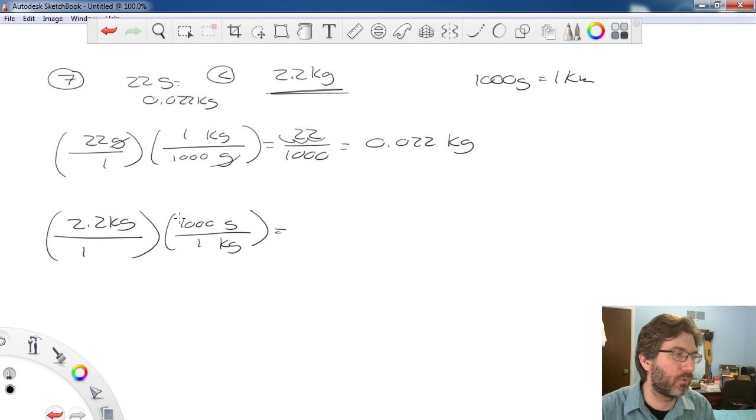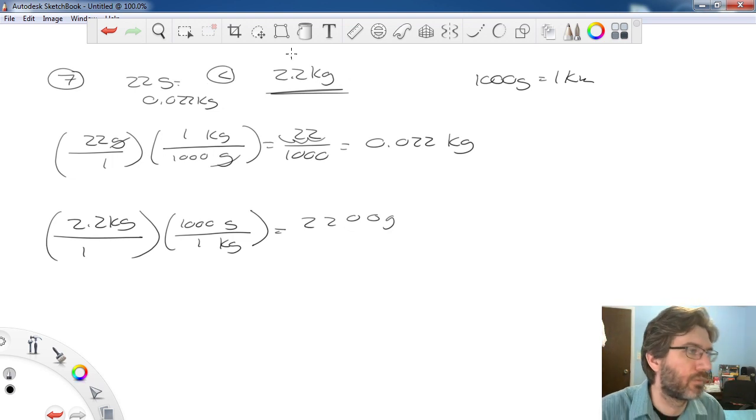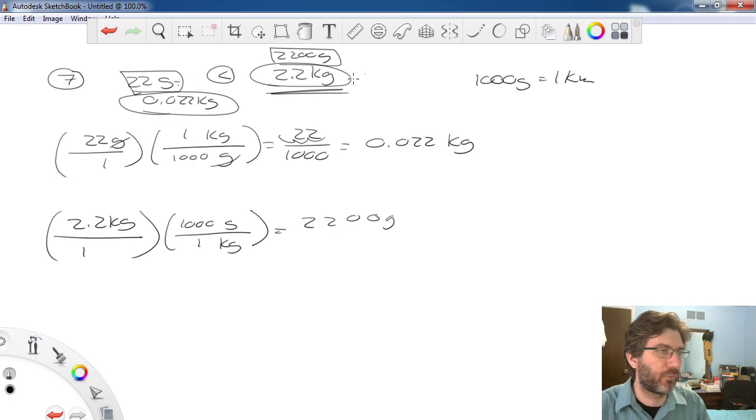This is going to equal 2,200 grams. And then you can either compare the grams together or your kilograms together. Either way, this is the larger one.